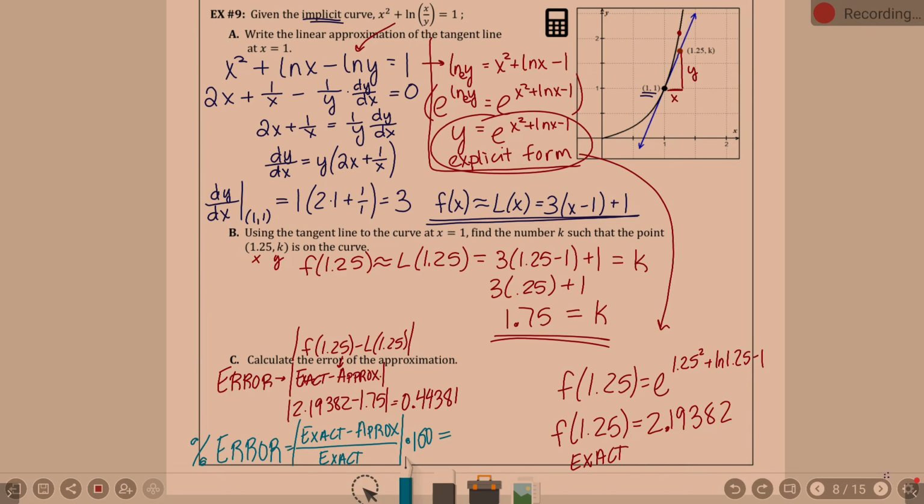I lost my page. I have written down 20.23%. Is that right? Okay. I did not fill all the numbers in. I think you guys are smart enough to do that. Actually, I know you are.